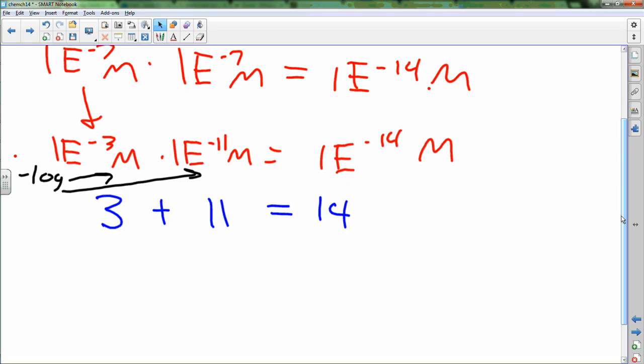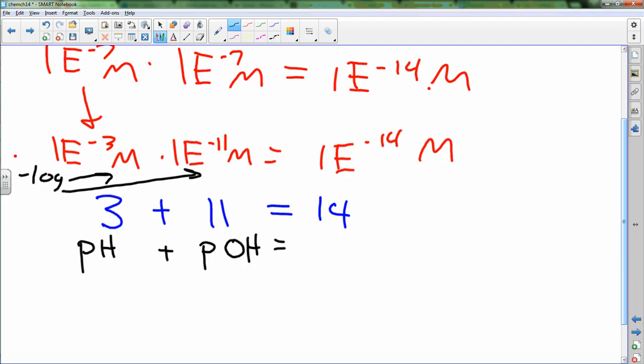And this highlights a point where we have the pH and something called the pOH. The pOH is just like the pH, except we're looking at the concentration of the hydroxide ions. So if we have a pOH of, say, 11, that means there's 1 times 10 to the negative 11 of the hydroxide ions.